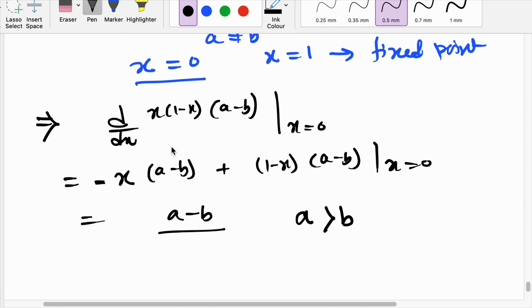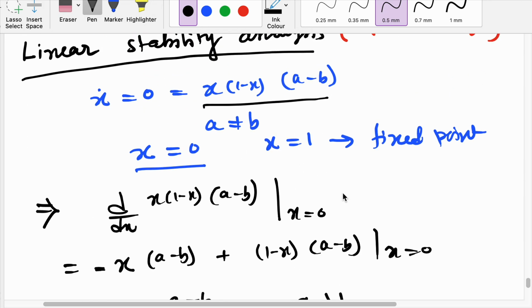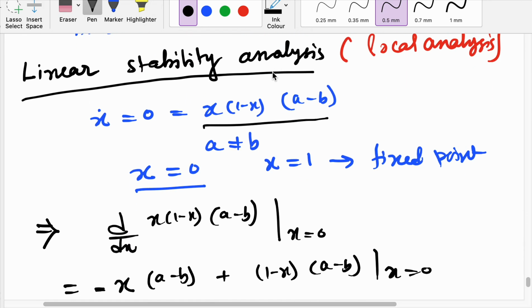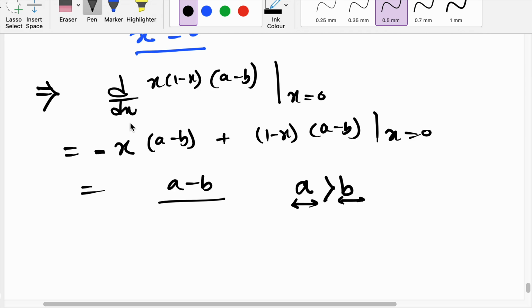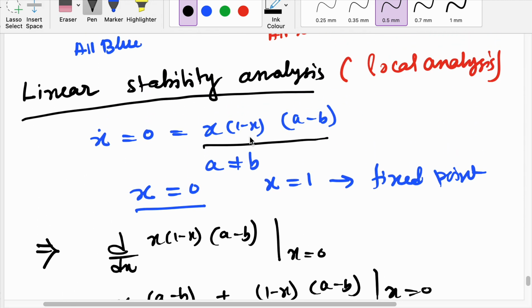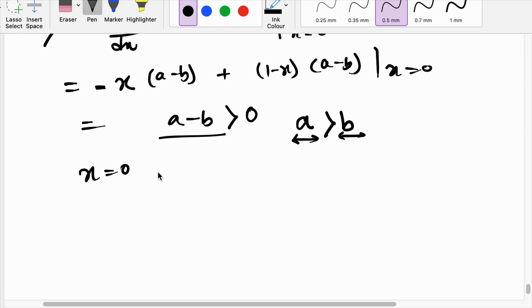Physically it means if the reproduction rate of the red type is greater than the blue type, the population will always go towards this type. So if the first derivative with respect to x is greater than 0, since a greater than b makes a minus b greater than 0, then linear stability analysis says that this fixed point x equal to 0 is unstable.